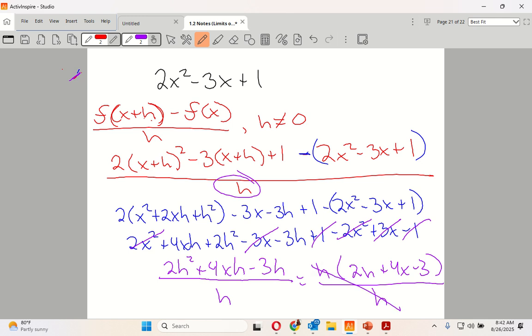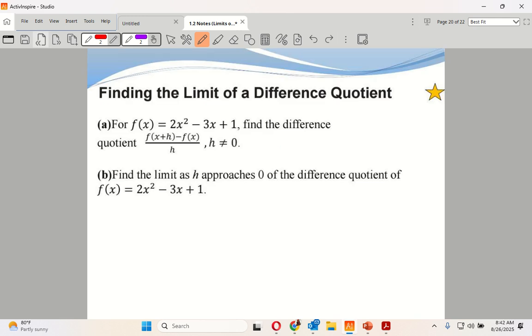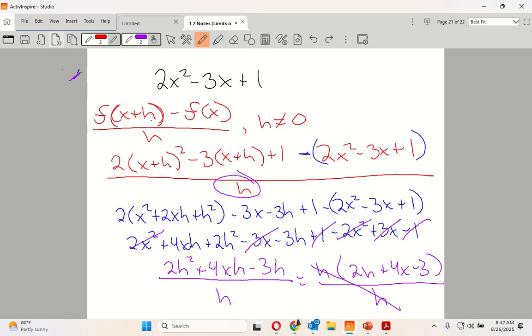Now, right here, this is where the difference quotient actually comes into play. I can put h equal to 0. So this is going to be the limit as h approaches 0.